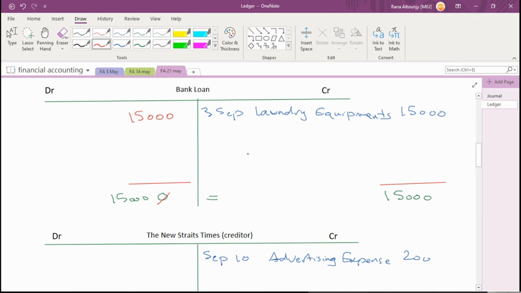This one we call balance. Is this 15,000 a debit balance or a credit balance? Yes, it's a credit balance because the bigger side is the credit side. That's correct.